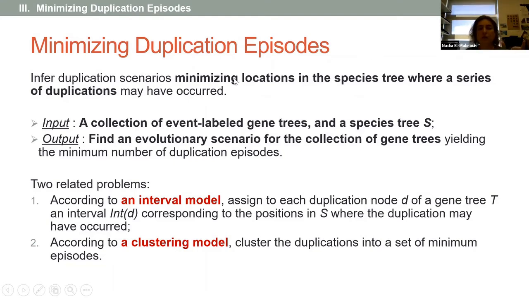Actually, minimizing locations in the species tree where a series of duplications may have occurred. Okay, so as input, we would have a collection of gene trees or event labeled gene trees and a species tree, and the output is an evolutionary scenario for the collection of the gene trees, yielding the minimum number of duplication episodes.